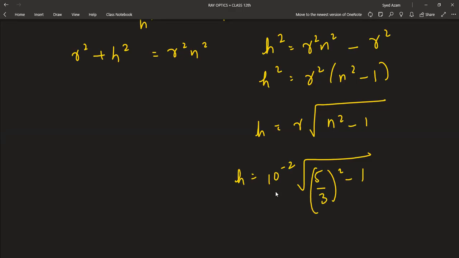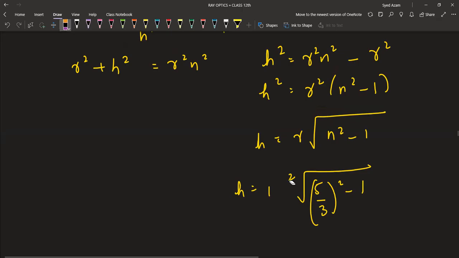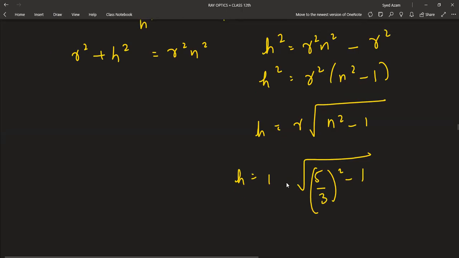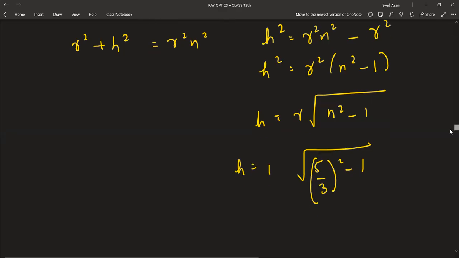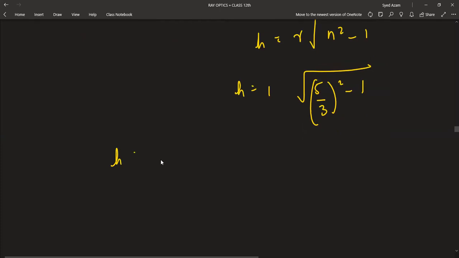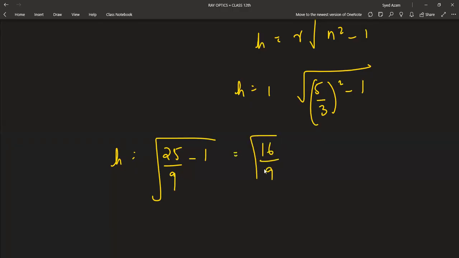Now it depends on whichever unit you are taking. If I take this as 1 only, the answer will be in centimeters. If I multiply 10 to the power minus 2, the answer will be in meters. So I'm just leaving it like this. So height will be 25/9 minus 1, which is 16/9. That is 4/3, which is 1.33 centimeters.